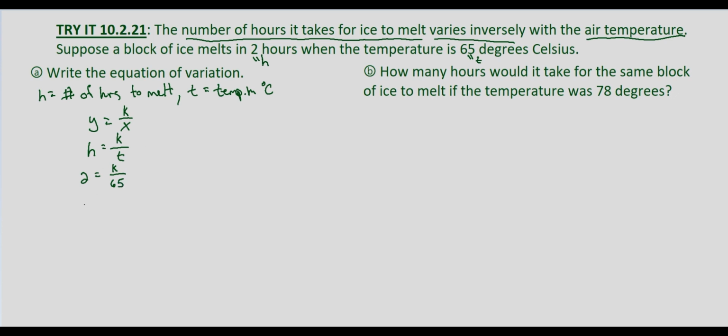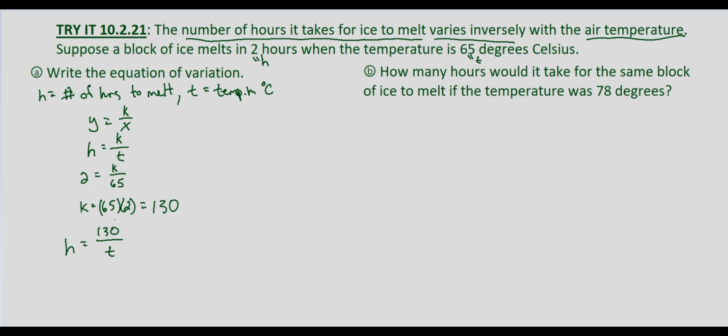Multiplying both sides by 65, we get K equals 65 times 2, which is going to be 130. So we end up with the equation H equals 130 over T. The number of hours equals 130 divided by the temperature.